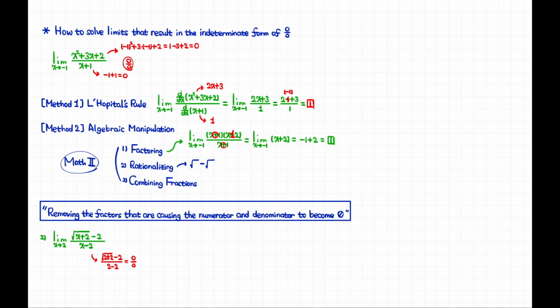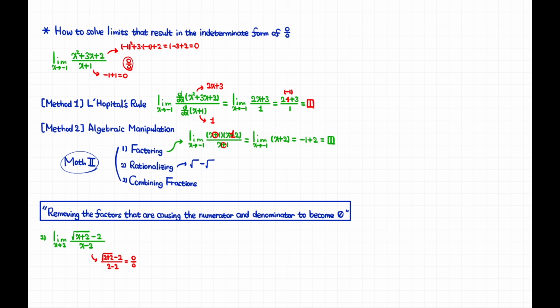So here's the basic logic behind solving this kind of problem. Number 1, always try to identify the form of the expression, which means you plug in 2 into this fraction. And in this case, it's a 0 over 0 form. Once you know that, you basically have two options.